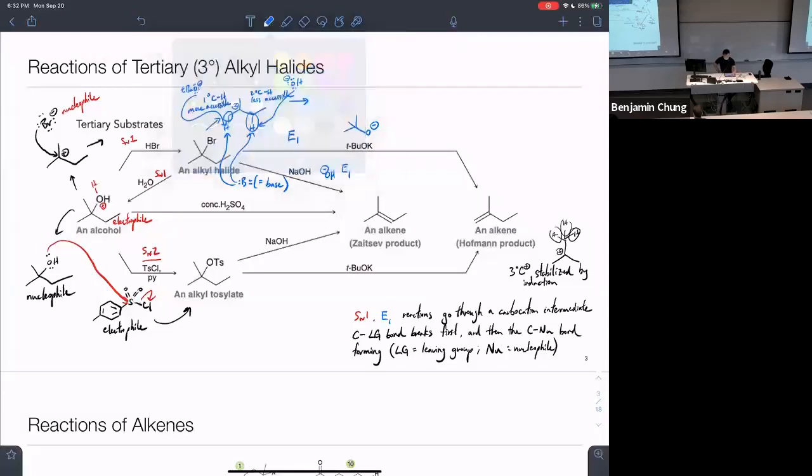You can also have analogous reactions from the alcohol instead of the alkyl halide. And from the alcohol, you just use acid instead of base. And this is also an E1 reaction, just specifically an acid catalyzed dehydration.